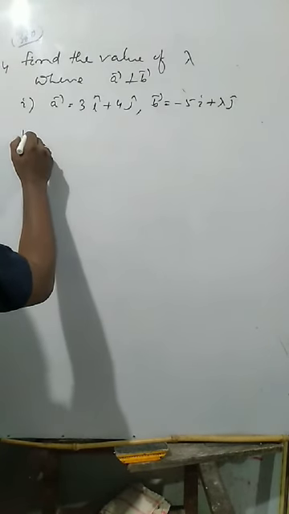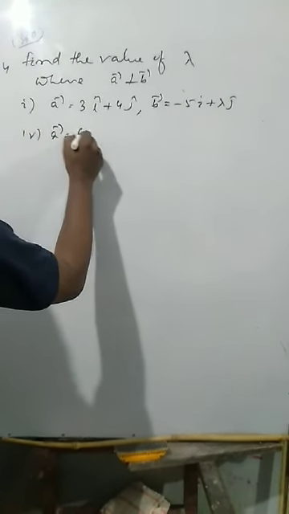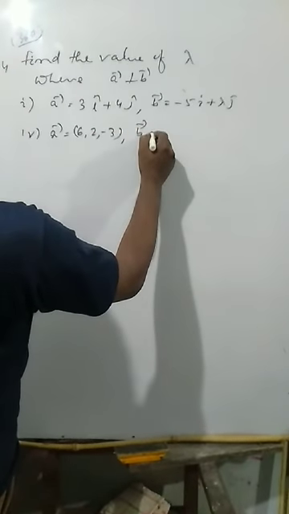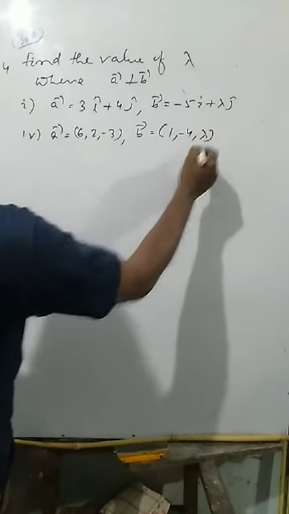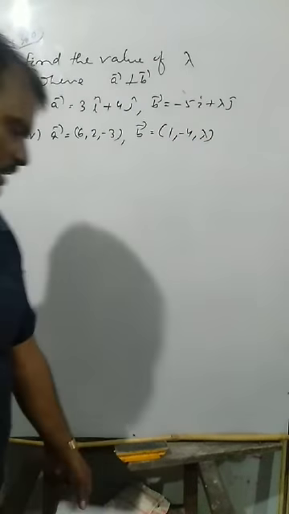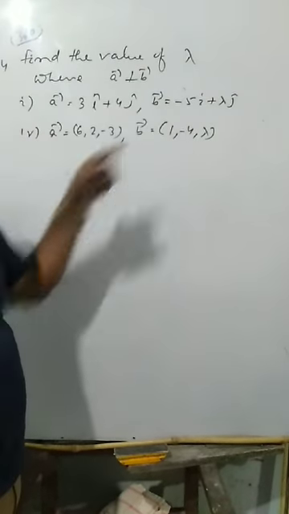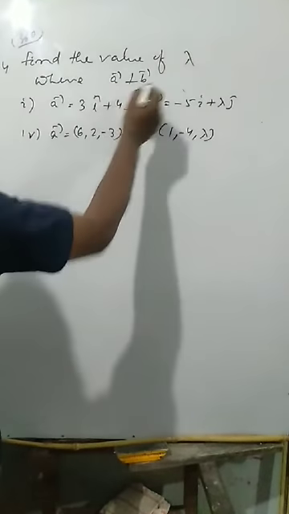And the fourth one you will get a vector equal to 6, 2, minus 3 and b vector equal to 1, minus 4, lambda. So you look here, in this case we have to find the lambda value. Here lambda, here also lambda. In the first problem you will get a dot b.